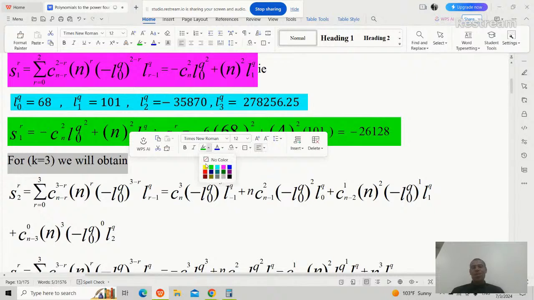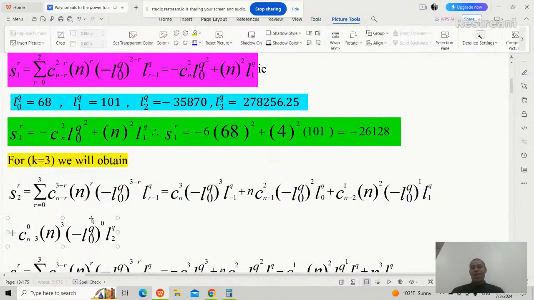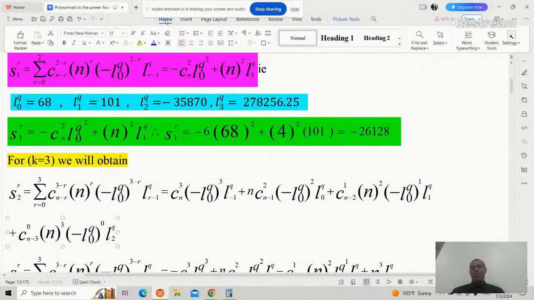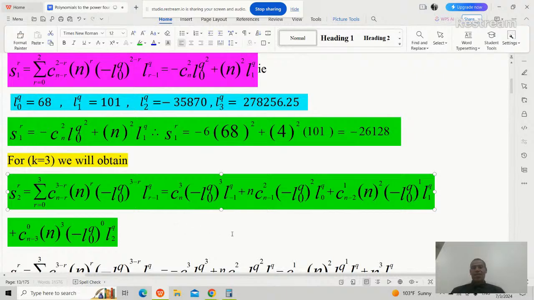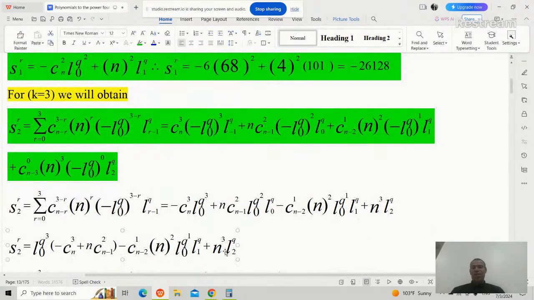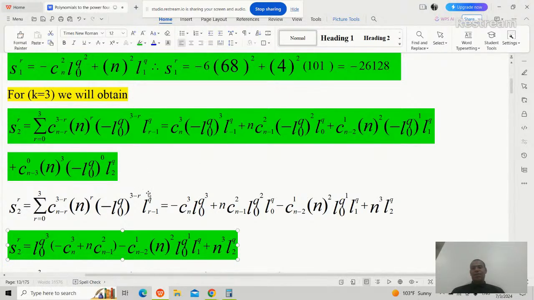Now, learners, try to find out the value of S2, of course. Go to my discriminant formula and replace k with 3 in the formula. After developing and writing your expression of S2 in lowest terms, you will get the last formula.